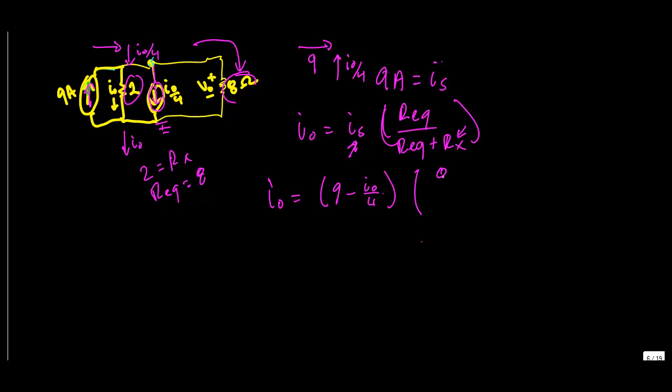So with that being said, you have 8 over 8 plus 2, and then you have to distribute this, so I/O is equal to 9 times 8 over 10, and then minus, which we can bring over to the right hand side, so we'll say I/O plus another I/O over 4, but that's multiplied by 8/10 as well.